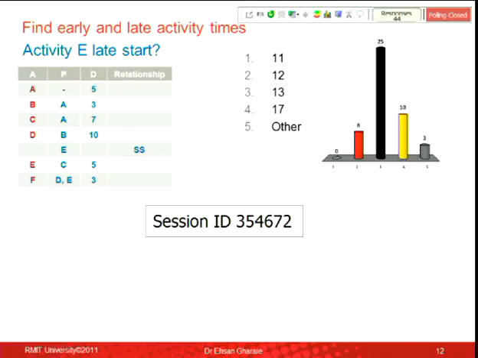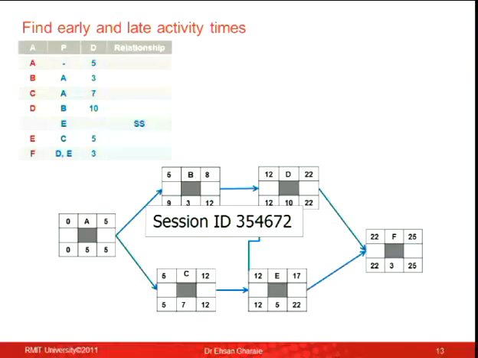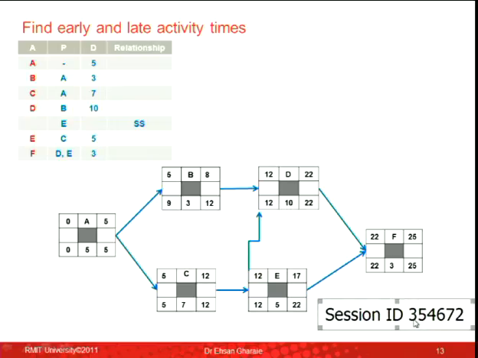There's 6 who thought it is 12. 25, which is majority, who think it's 13. We had 17 as well, and we had other. Okay, so let's see what the answer is. So the answer is 12.